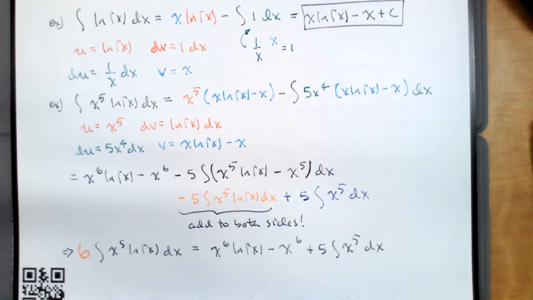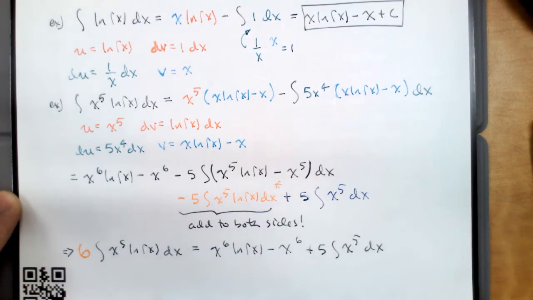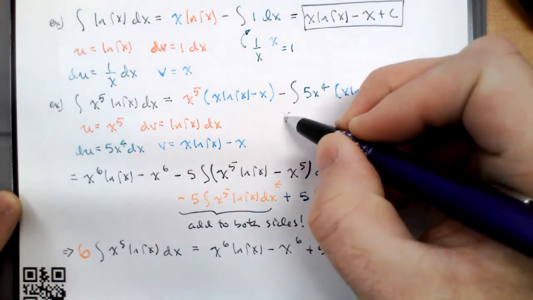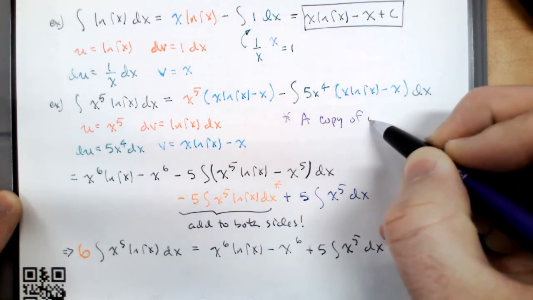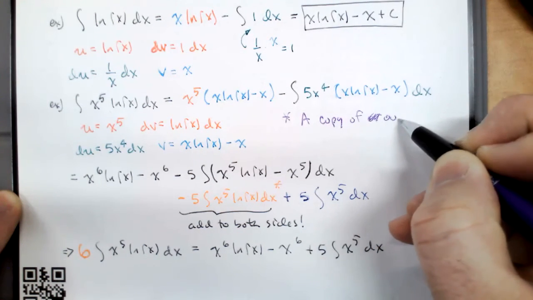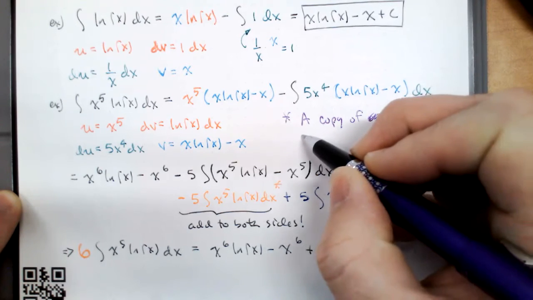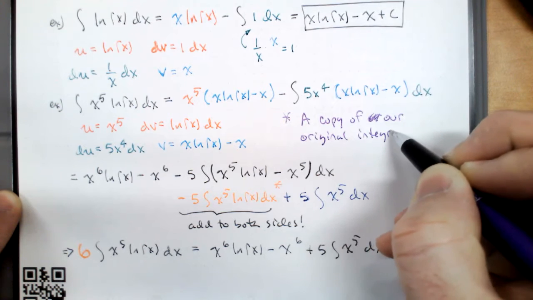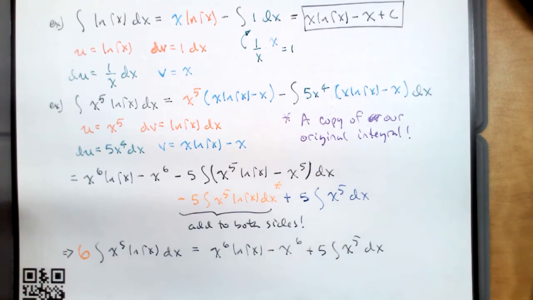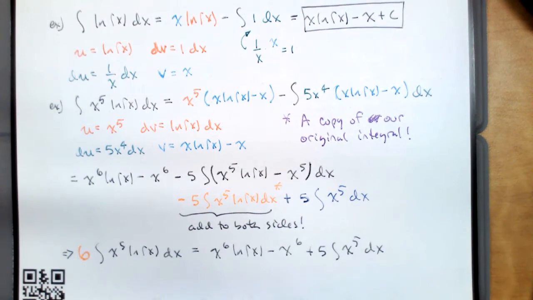The thing that we want to notice is that our secondary integral had as a term the original integral that we're trying to find. This is one of the things that can happen when you're doing parts.